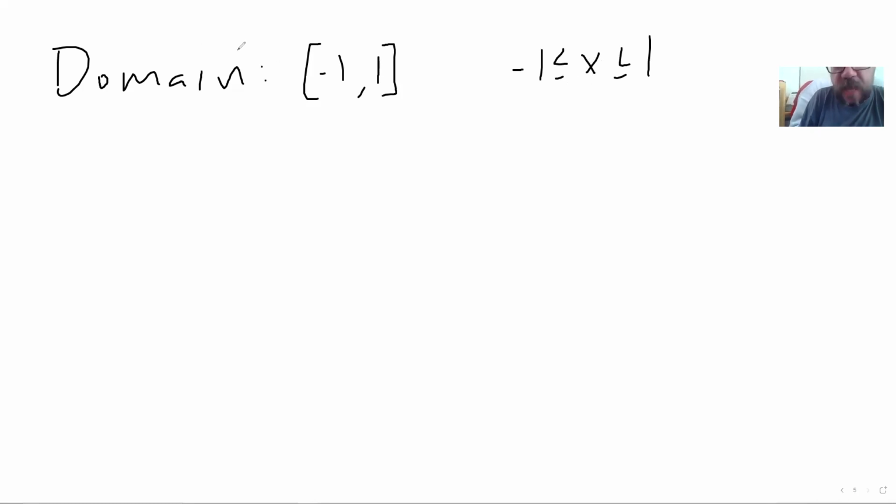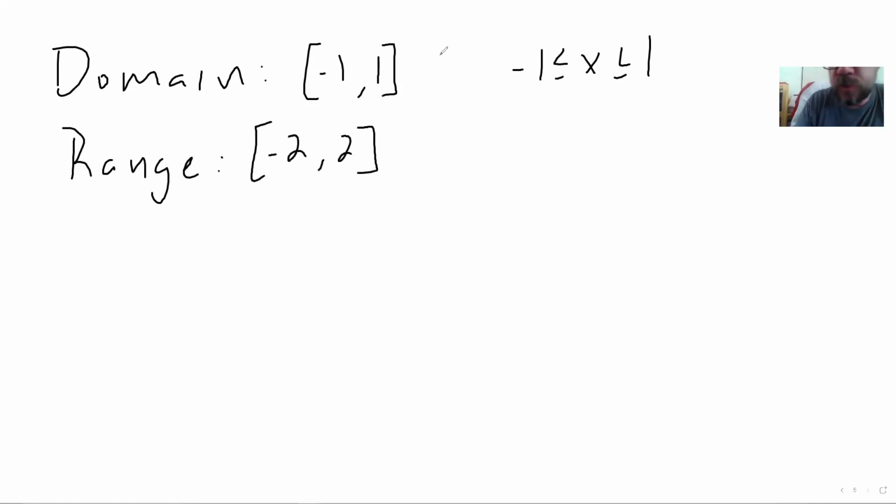I'm saying that the x's go between -1 and 1. This is clear enough, and if you like this better, then go ahead. The range was -2 to 2, which is to say that y is between 2 and -2. And so that's the way I like to think of domain and range.